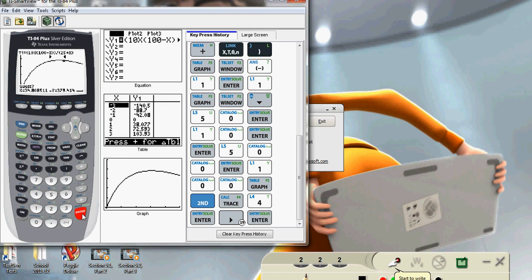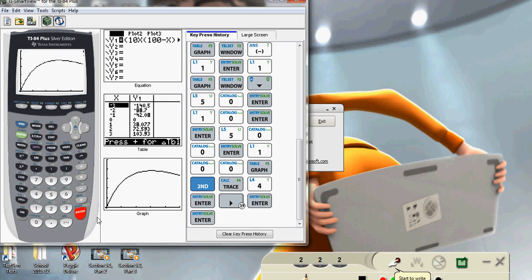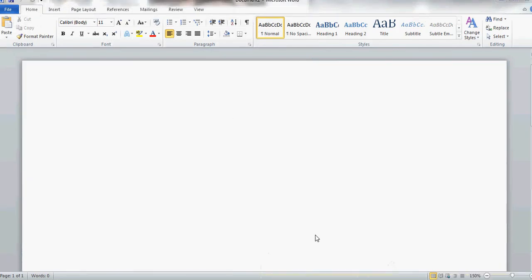Hit enter, and then I can guess anywhere really, and it gives 30.9 and 382 basically. 30.9, or basically 31 and 382.